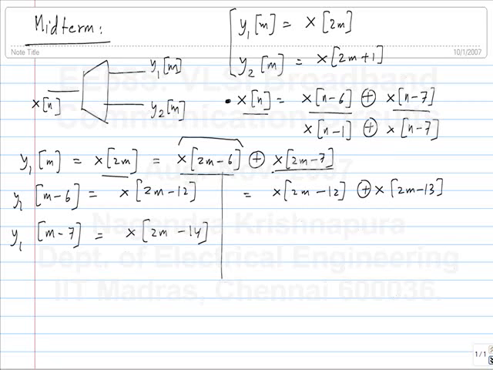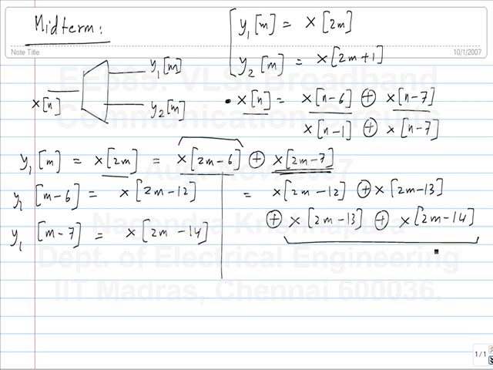Similarly, if you have to express this as a function of past inputs, this is X of 2m minus 7 and this is X of 2m minus 6. So what does this give you? 0. Even this part gives you 0, right? X of 2m minus 13 XOR X of 2m minus 13 gives you 0, and 0 XOR anything else is the same number.